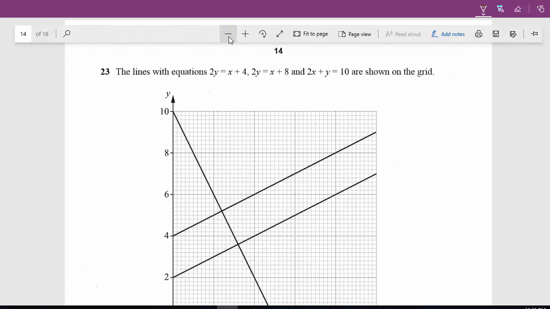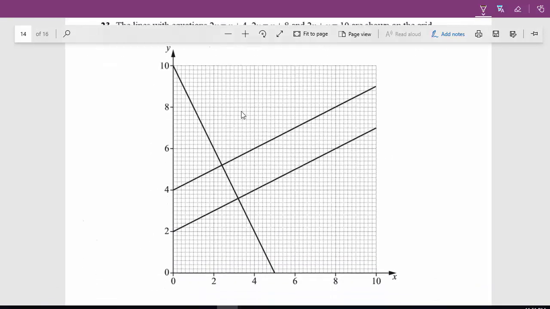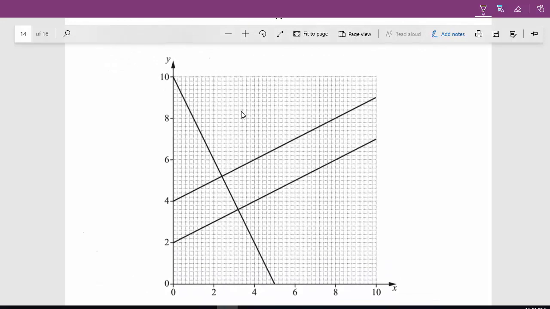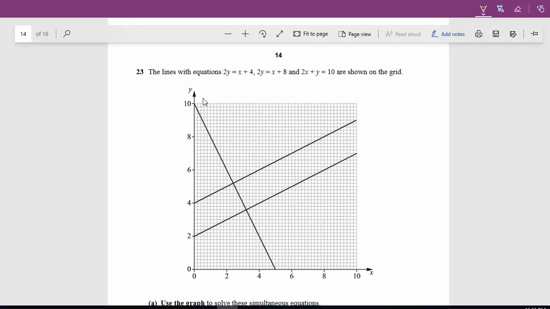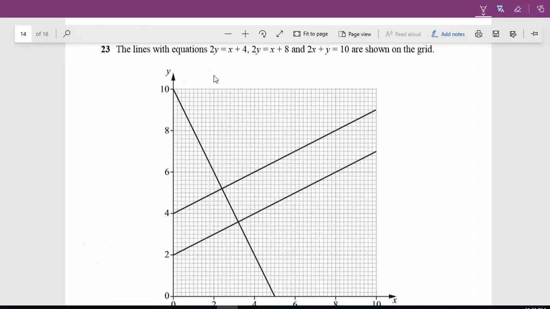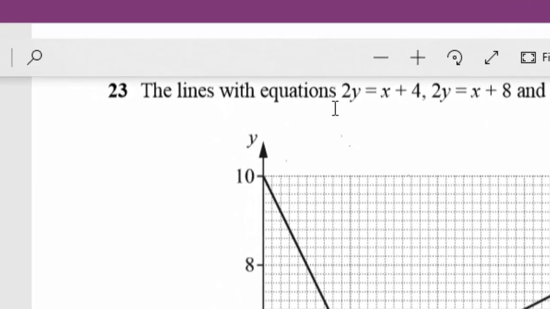Okay. Then we need to solve 2 of them simultaneously. Before we solve them, we need to match the equations to the lines. The best way to match linear equations to the lines is like this. Choose a variable here and a number. Remember, the variable and the number, each one must be on a side of the equation.